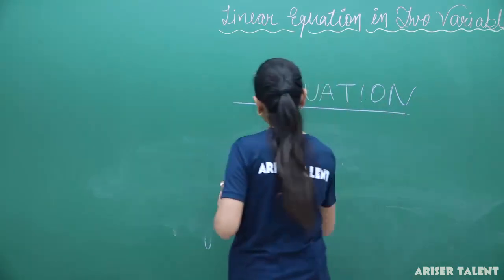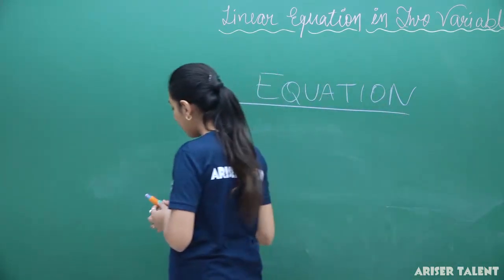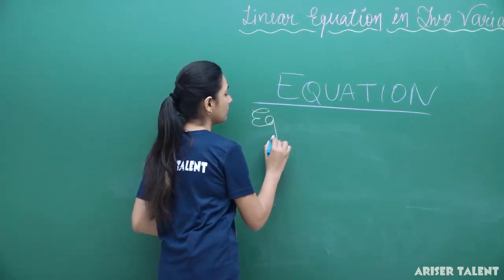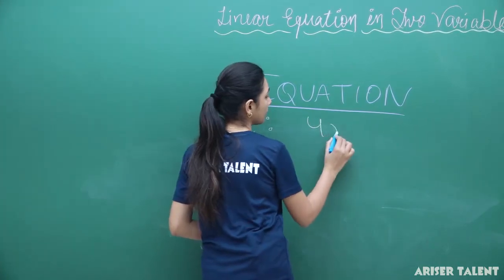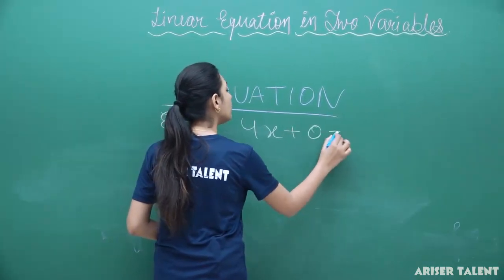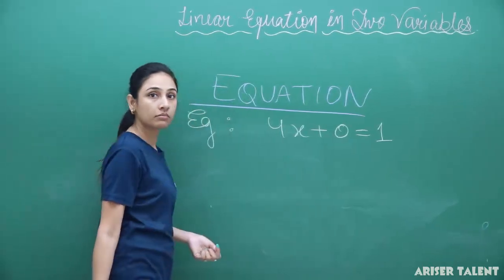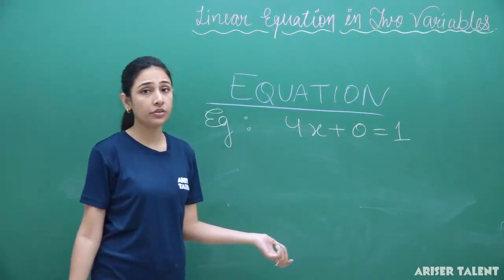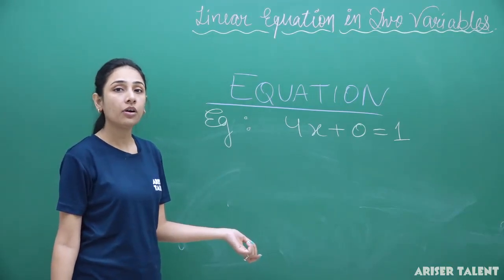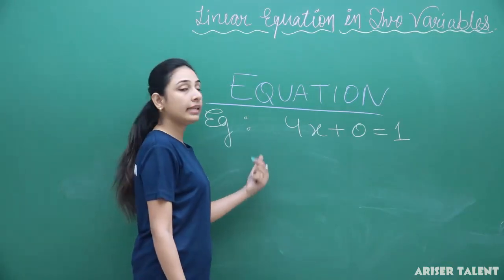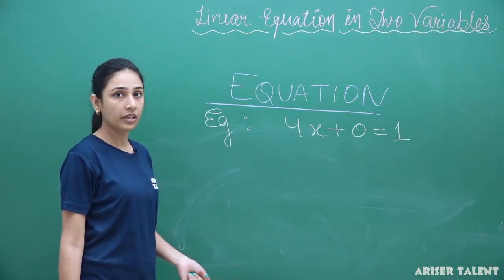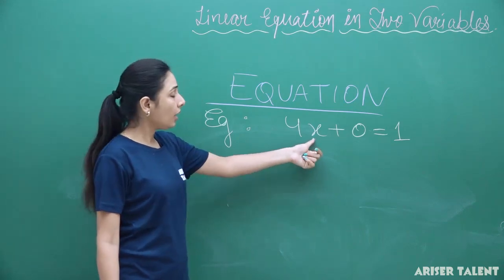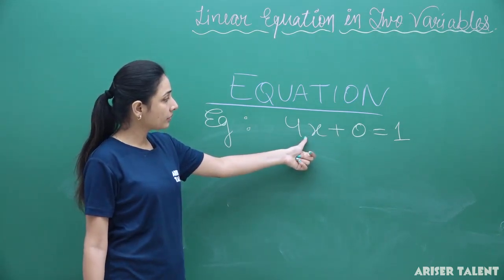Now we have some examples, like x plus 0 equals 1. You will sort it out like 4x equals 1. Is this an equation? Right or wrong? Yes, it is. It is a linear equation, and it is in one variable.